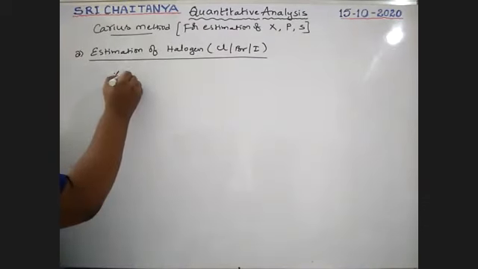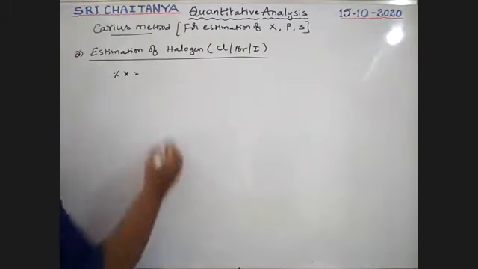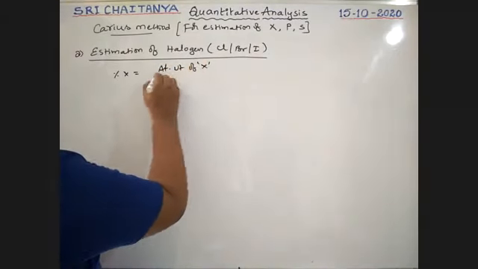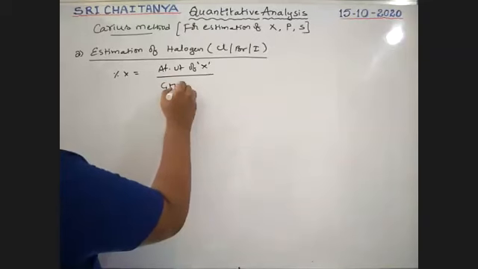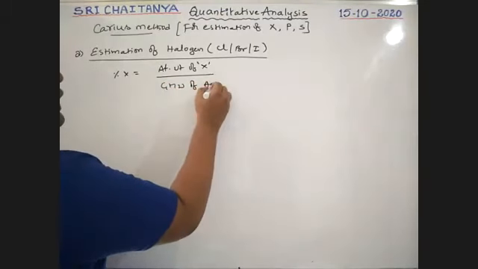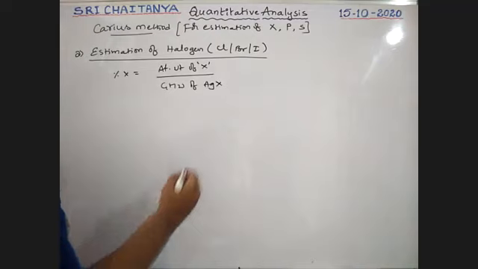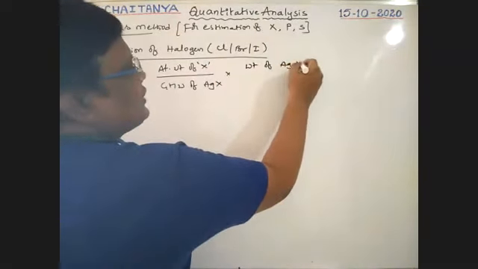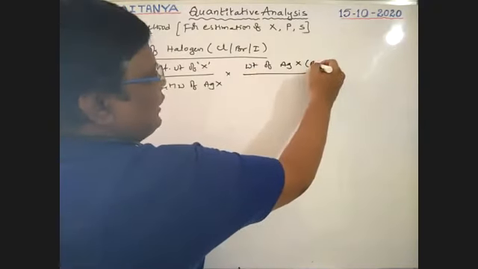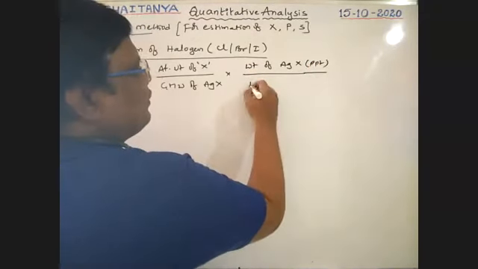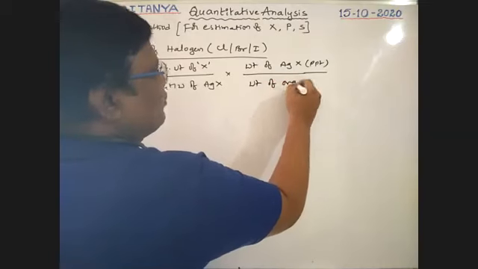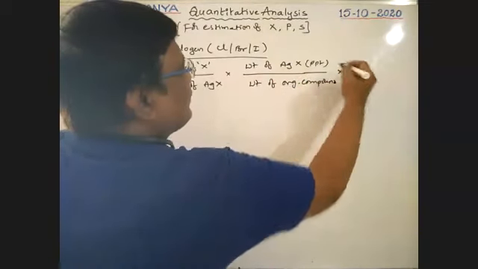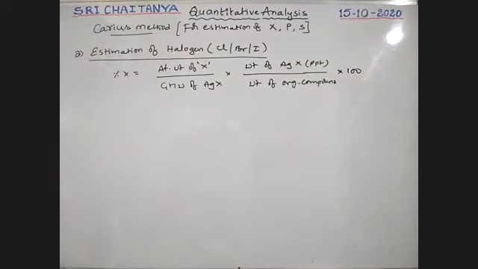Percentage of halogen is equal to atomic weight of halogen by gram molecular weight of silver halide, into weight of AgX, that is the precipitate, by weight of organic compound, into 100. This is the formula used to calculate, boys.